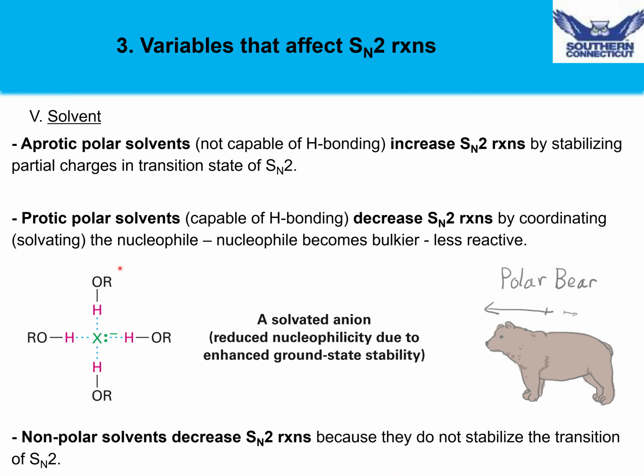And so it would add a lot of steric bulk around that nucleophile, and the nucleophile would have a hard time reaching our electrophile. Nonpolar solvents are generally not going to help us in the SN2 reaction because they're not able to stabilize the transition state of the SN2 reaction.